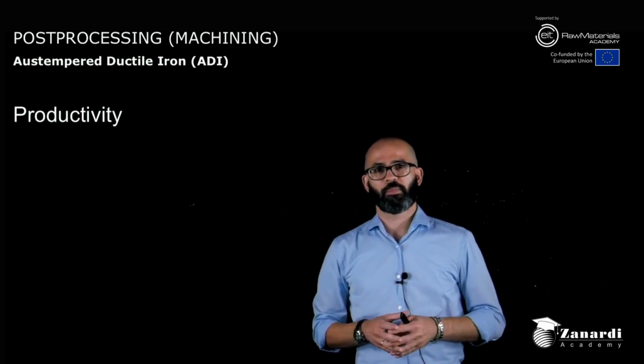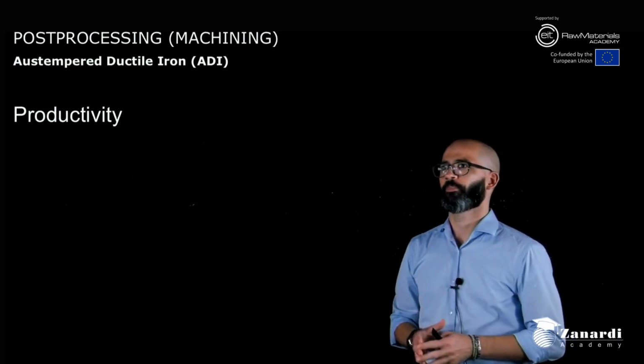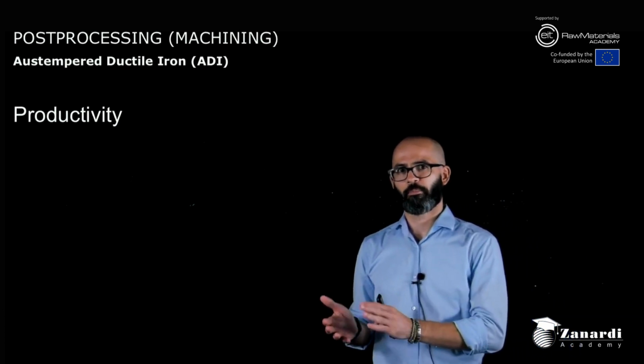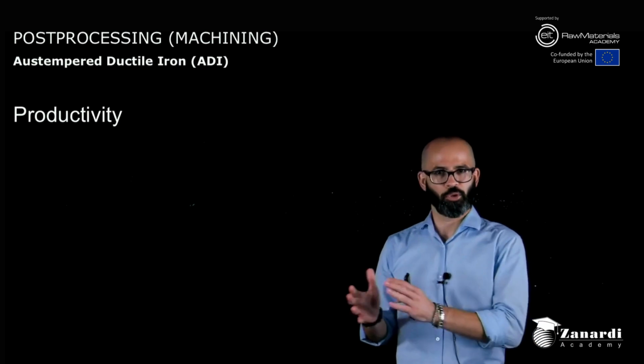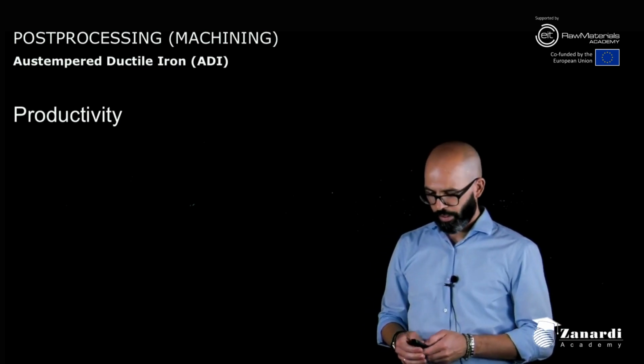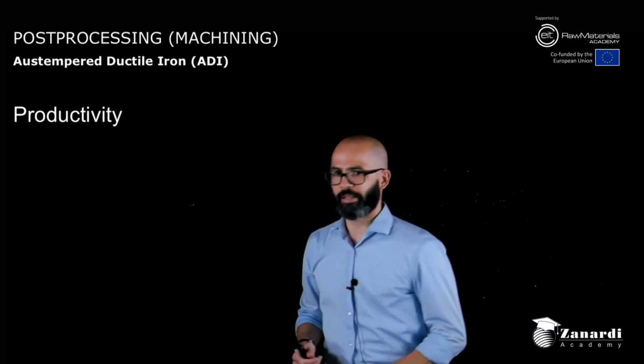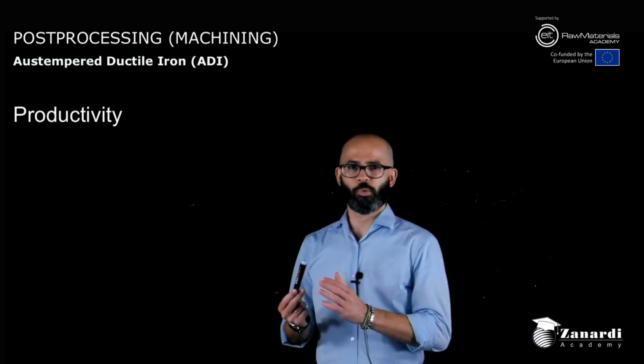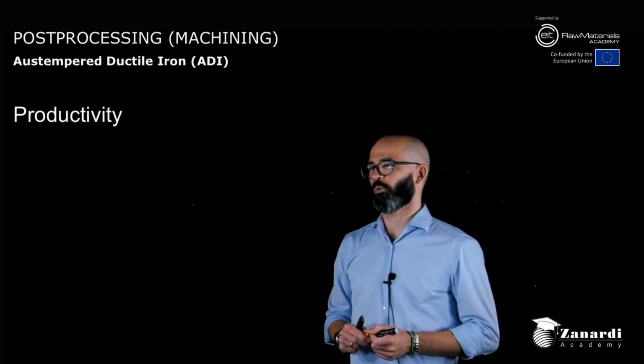I think that everybody considers productivity during machining activities really important to consider one material better than another or suitable for its activities. So if you want to understand if ADI has a good or not good productivity, we can use this kind of formula.